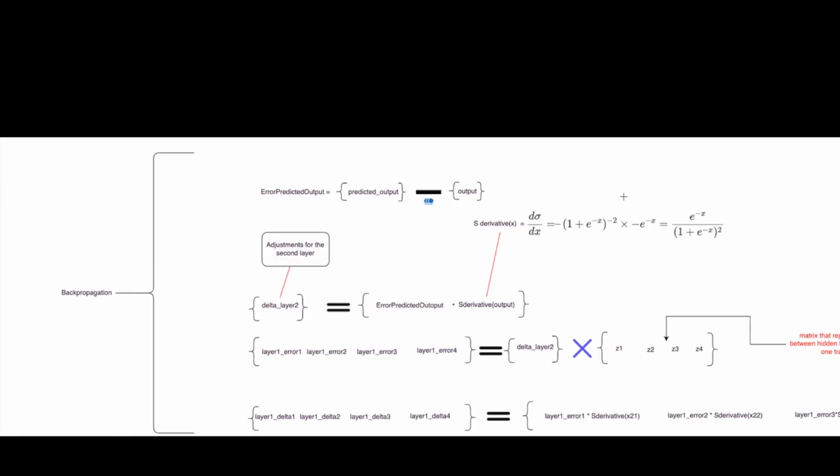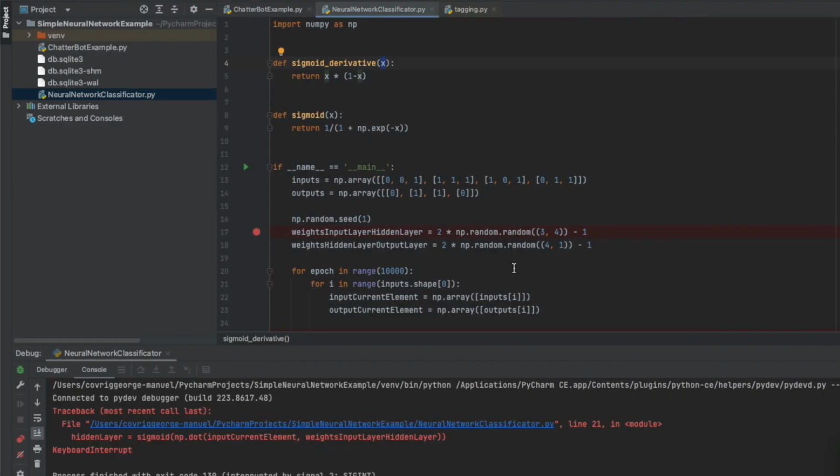Let's see exactly what I'm talking about. So this is the sigmoid function and can be written like this in relationship with the sigmoid. Because we have the result of the sigmoid function, and that being the output, we just need this formula.